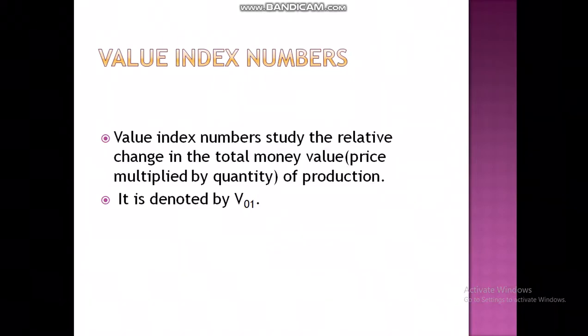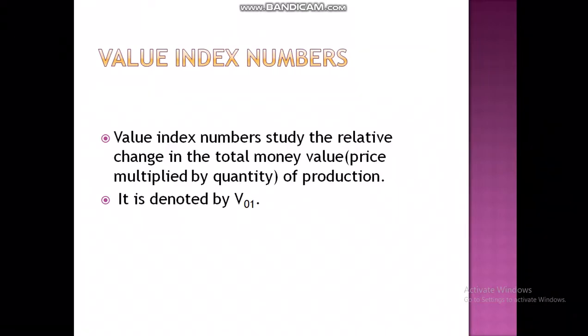First, you need to know what is value. Here, value means price multiplied by the quantity. So, the relative change in the price multiplied by quantity from base period to current period is known as value index numbers, and it is denoted by V01.